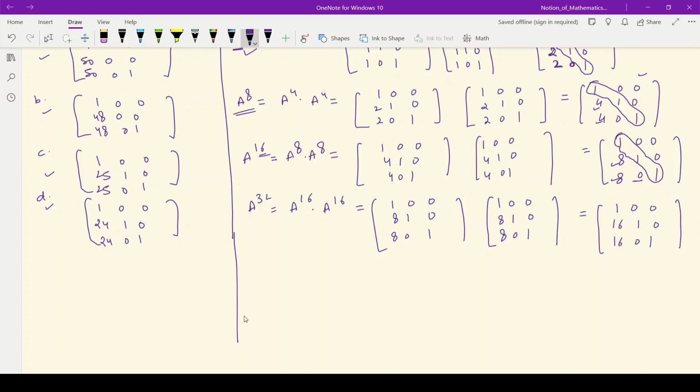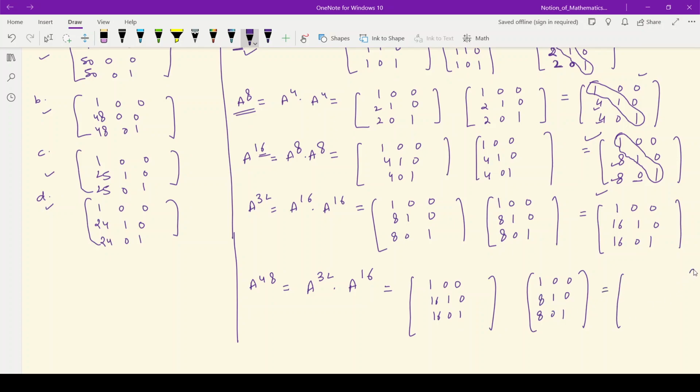Thereafter, if I talk about A to the power 48, how can I write it? For sure it is A to the power 32 into A to the power 16. A to the power 32 I already have as this matrix, 1 0 0, 16 1 0, 16 0 1, and A to the power 16 also I have here, that is 1 0 0, 8 1 0, 8 0 1.